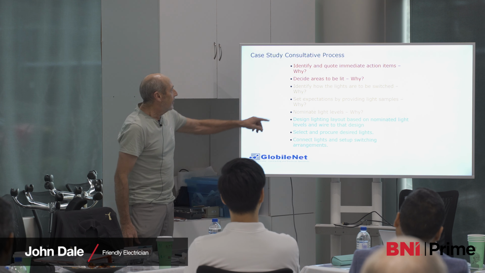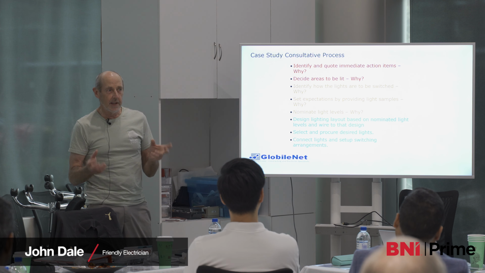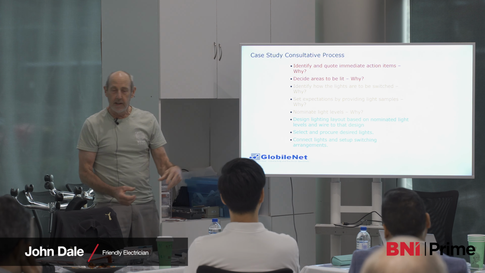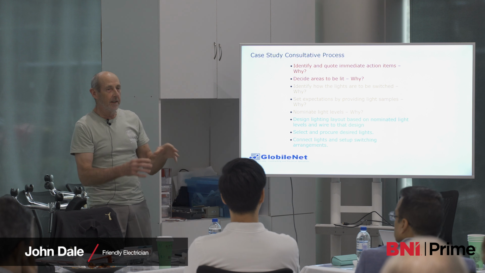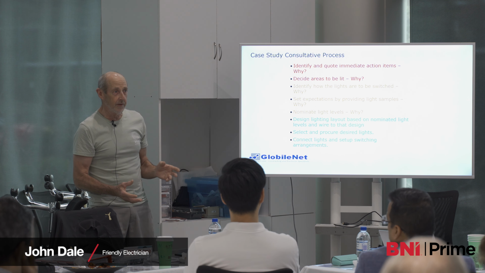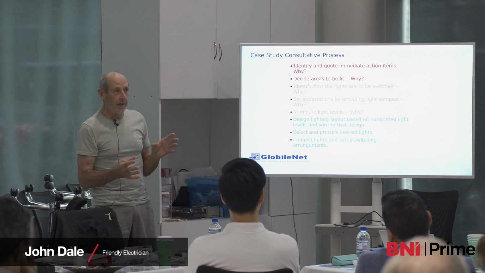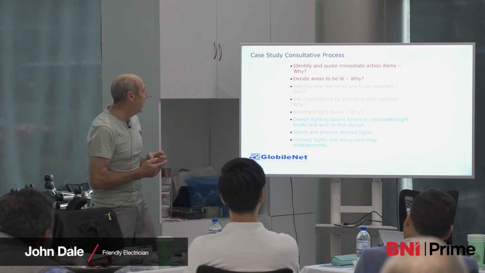All right? So you've got to set expectations by providing light samples so that when they go around, I give them some samples. They put them in at night and have a look at how much light a 5-watt light gives, for example. So they can then set their expectation about the luminosity that they end up with around the garden.